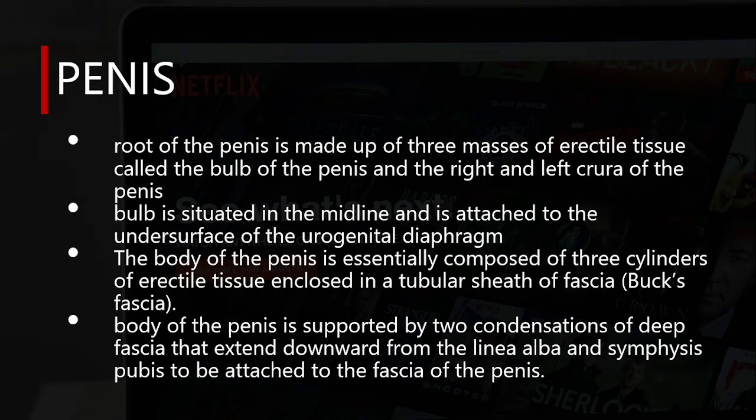The body of the penis is essentially composed of three cylinders of erectile tissue enclosed in a tubular sheath of fascia, which is called Buck's fascia. The body of the penis is supported by two condensations of deep fascia that extend downward from the linea alba and symphysis pubis to attach to the fascia of the penis.